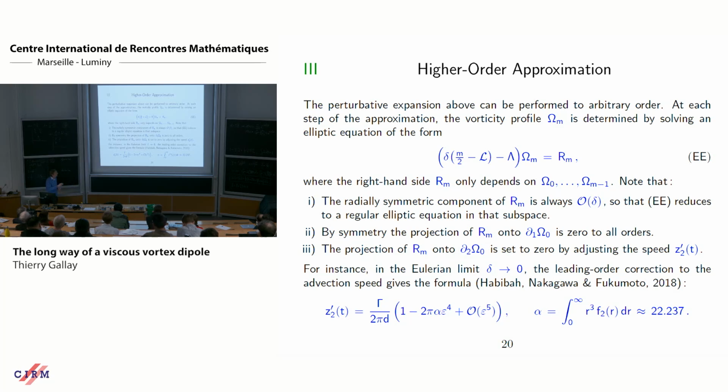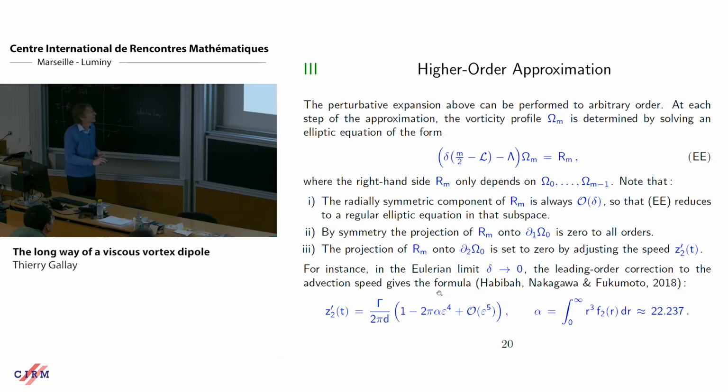By the way, you obtain in this way some higher order correction to the velocity field of the vortex, and this is very interesting. The velocity of the pair: Z2, I recall, is the vertical location of my vortex pair. Z2 prime is gamma over 2 pi d. This is the prediction of the point vortex system. And now you have the leading order correction due to finite size effects.